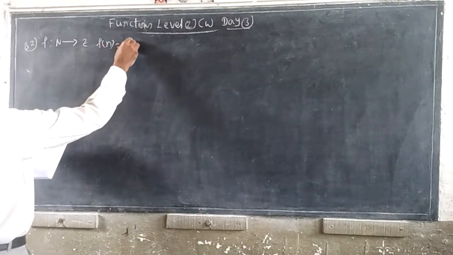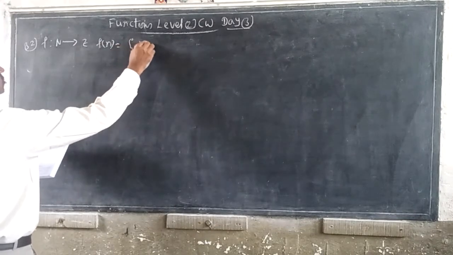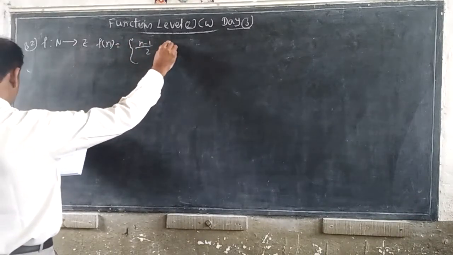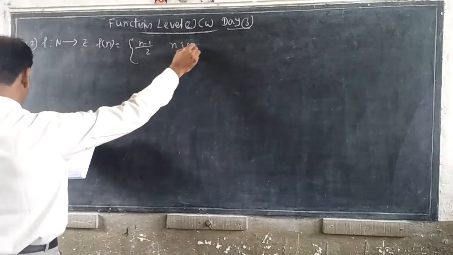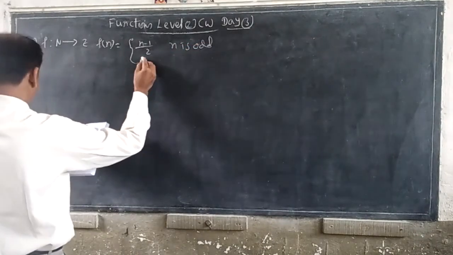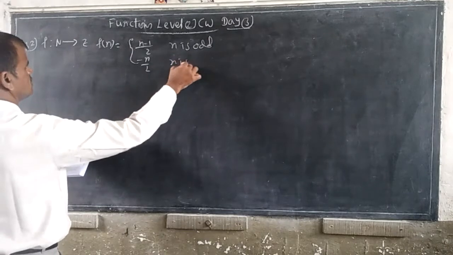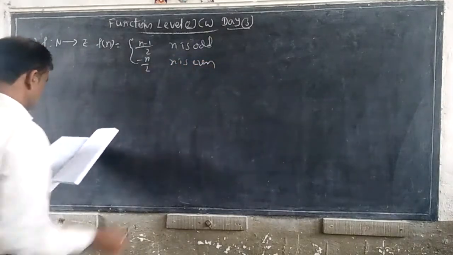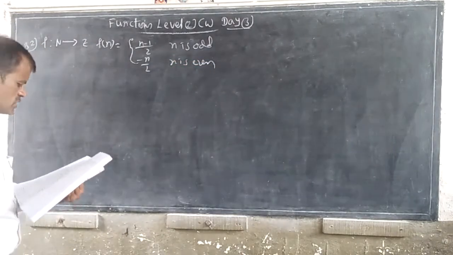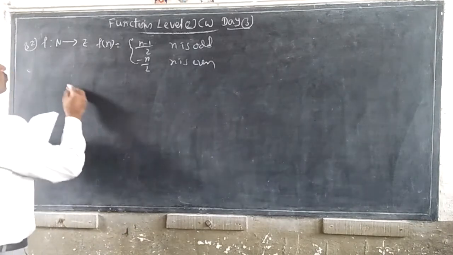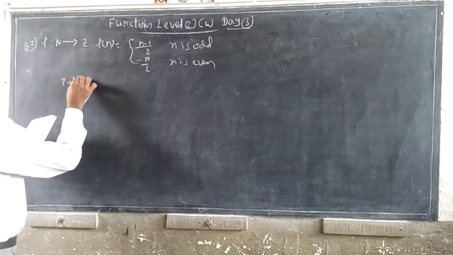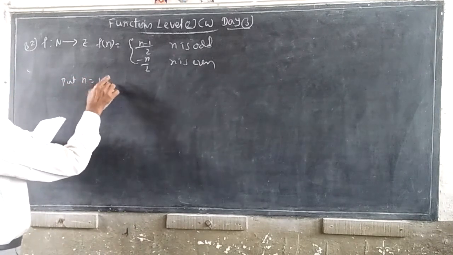F of n is equal to (n minus 1) by 2 when n is odd. Next, minus n by 2 when n is even. Substitute any value, no problem. N to Z, so substitute n. Put n equal to 1. N equal to 1 means odd.